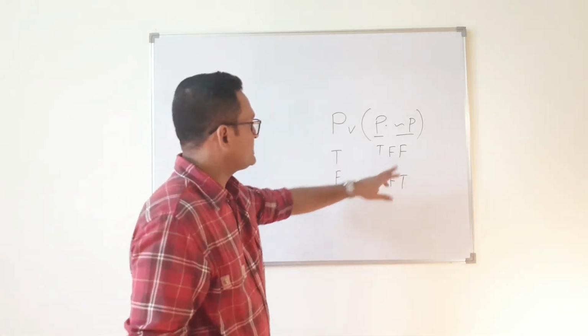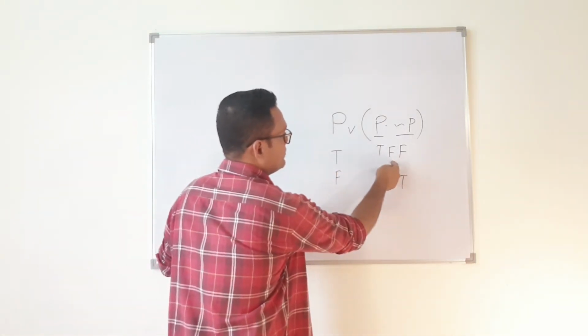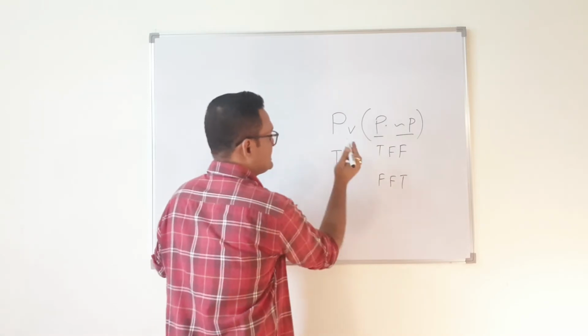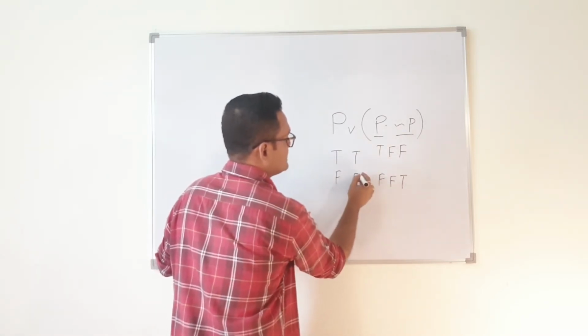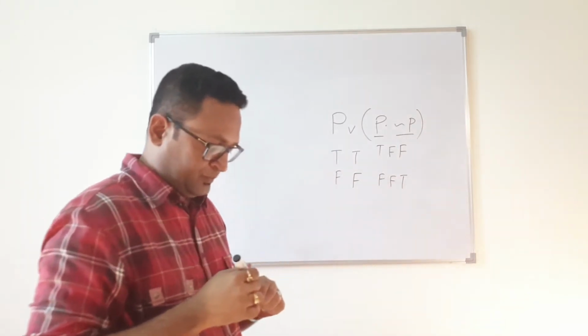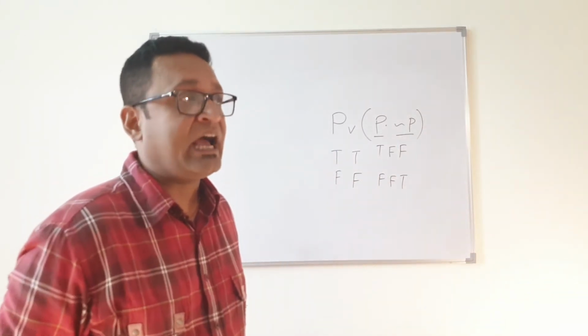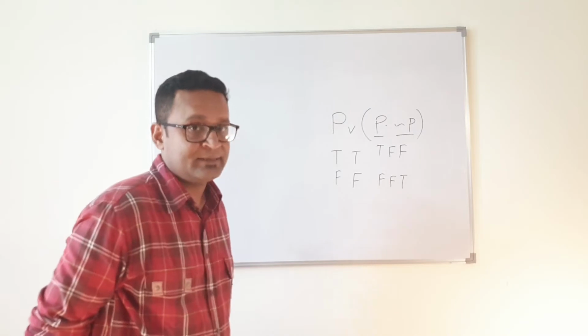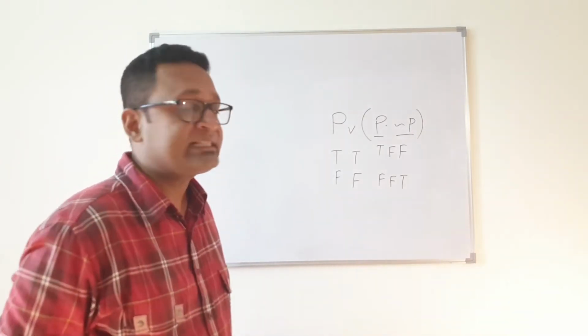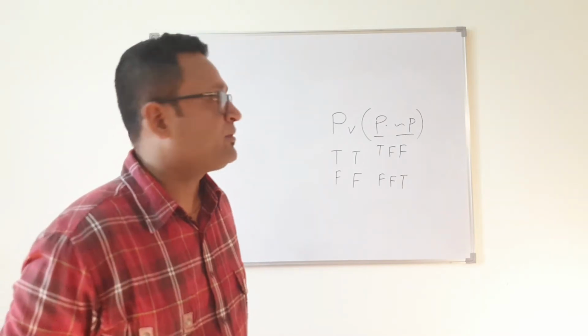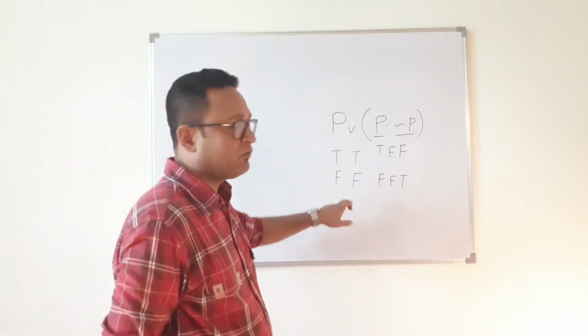Now true wedge false is true, false wedge false is false. So what will be the answer? The answer of this is that it is a contingent proposition, because there is one true and one false.